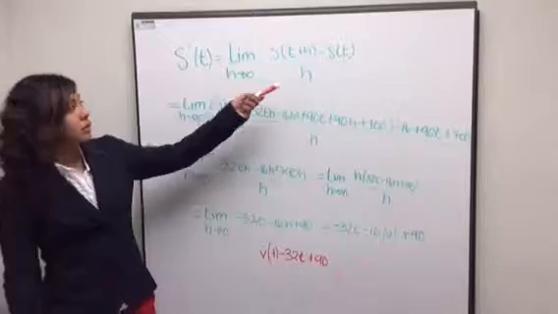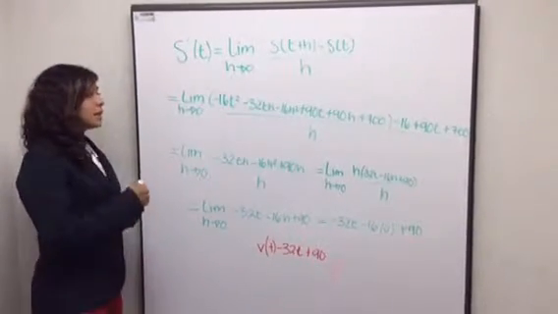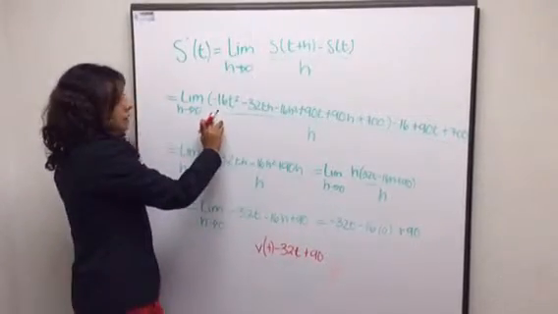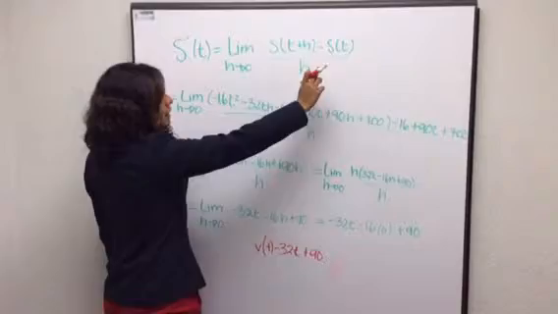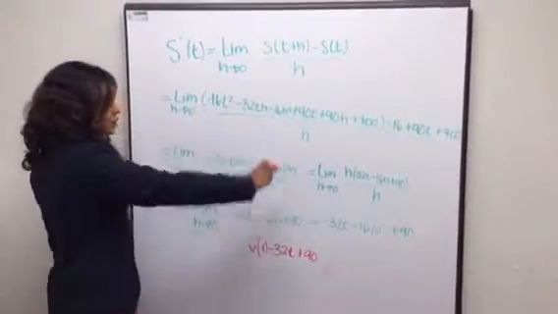Now we have all the components to make the formula. If we substitute s of t plus h, this is the equation, and minus s of t is our position equation, over h.